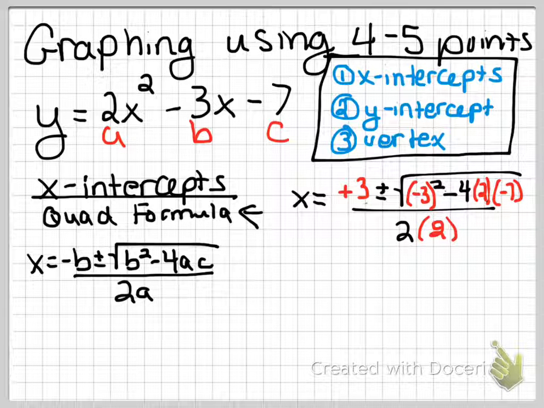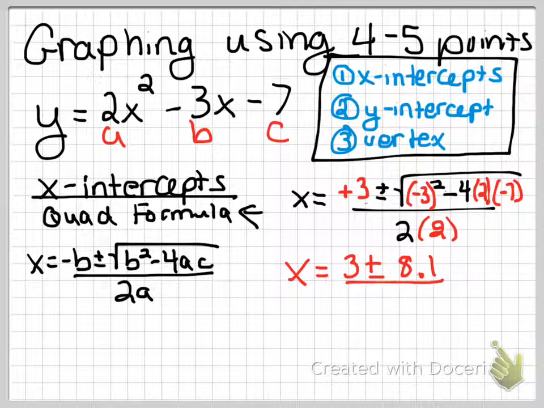So I put this whole thing, including the square root sign, into my calculator. So now I have x equals 3 plus or minus 8.1 all over 4. Instead of just doing what's under the square root, I did everything including the square root. Once I'm here, I'm going to split this up into two equations.